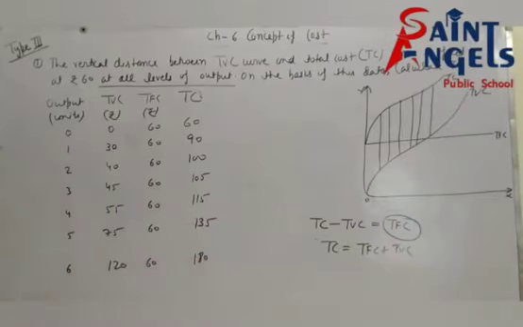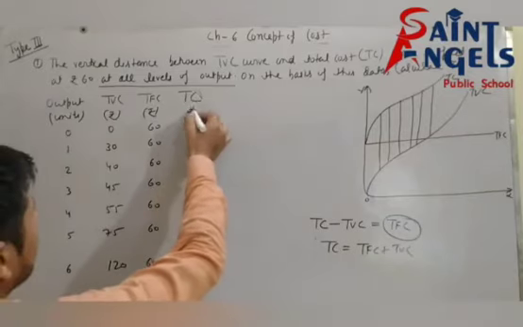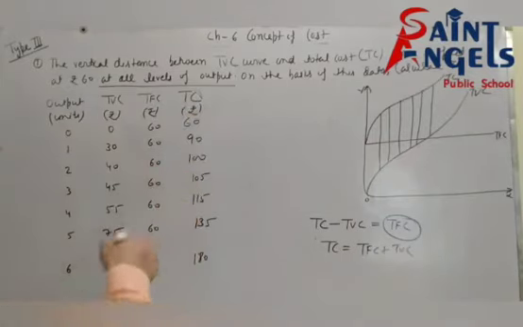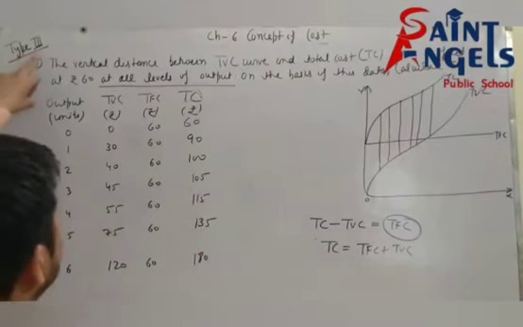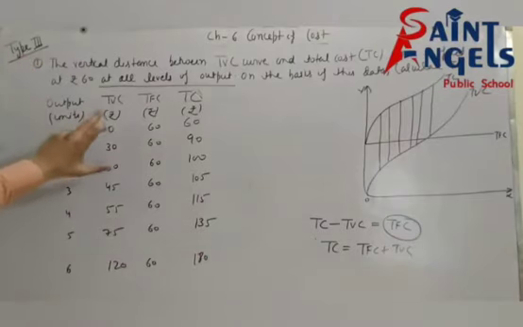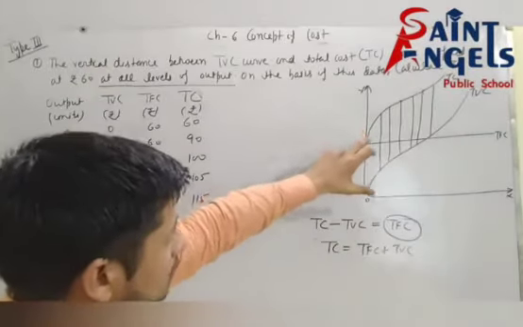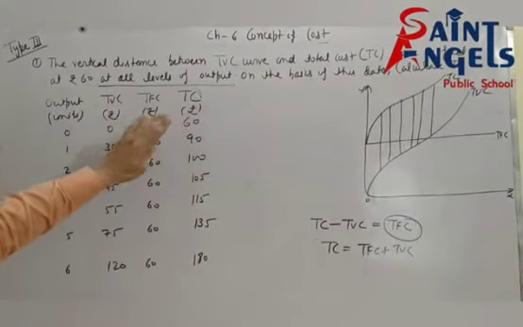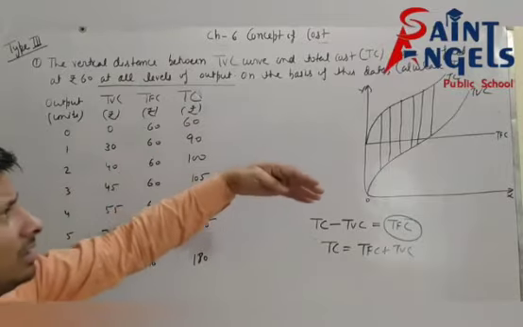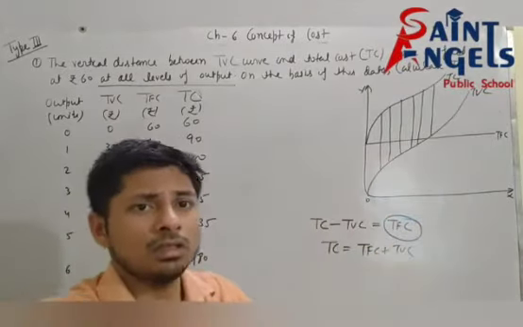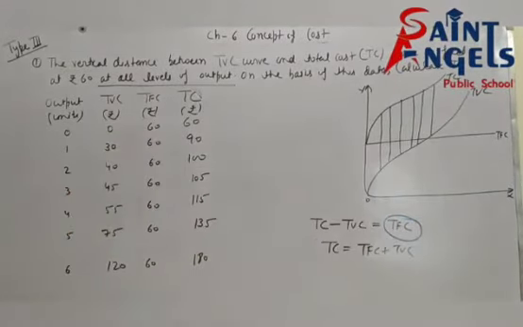So I hope all of you have understood how to solve the type third question. First of all, you will calculate TFC, then you will calculate any cost like TC, AFC, AC, but first of all TFC. So please pause the video and note this down.